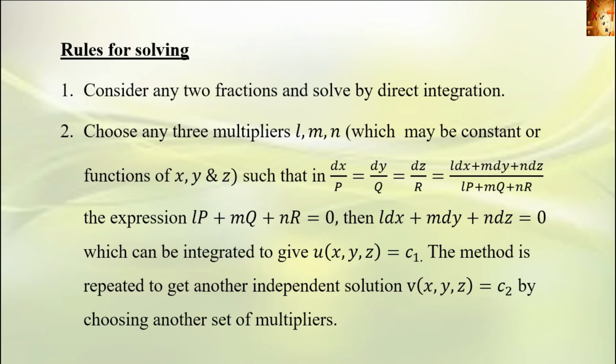While choosing these multipliers, we get the denominator as 0. When the denominator is 0, we can equate the numerator also to 0, and then by direct integration, we get solutions u and v. So by choosing multipliers, we get the solution of the Lagrange's linear equation.